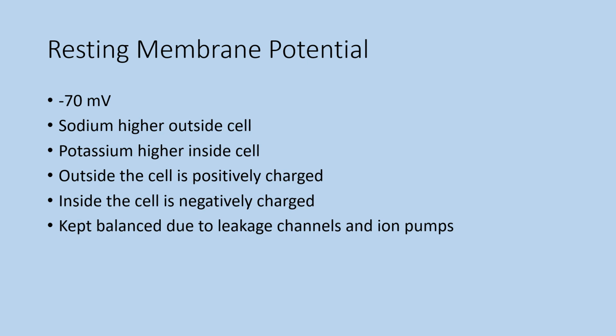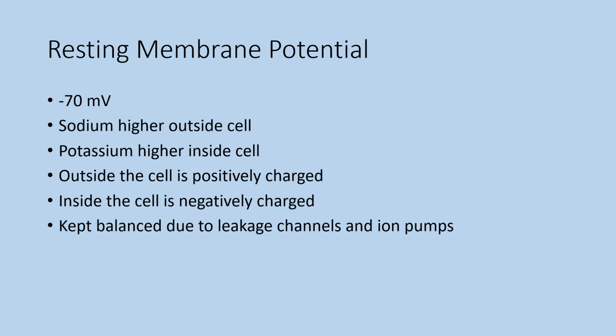The resting membrane potential. So when a cell is at rest, like I said, we can measure the voltage. It's around minus 70 millivolts. At a resting cell, the sodium level or concentration is much higher outside the cell. Sodium has a plus charge too, +1 charge. Potassium, which also has a +1 charge, is higher inside the cell.